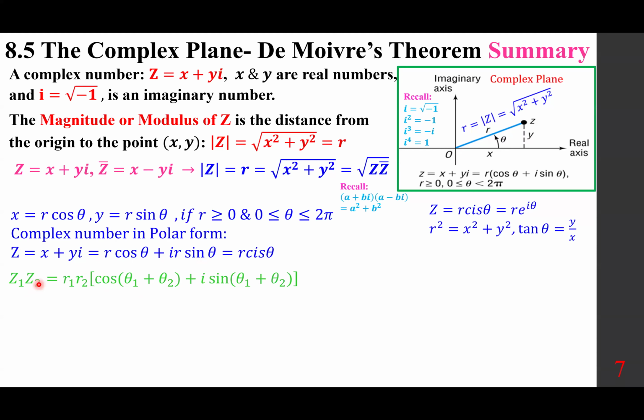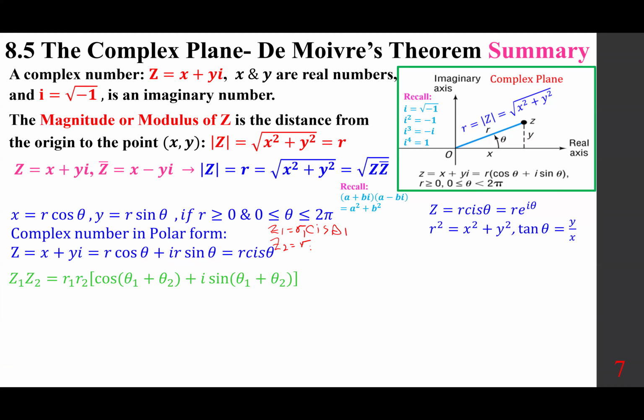So z1 is r1 cosine theta 1 plus i r1 sine theta 1, or r1 cis theta 1. So let me write that in case. In essence, we are saying that here z1 is r1 cis theta 1.